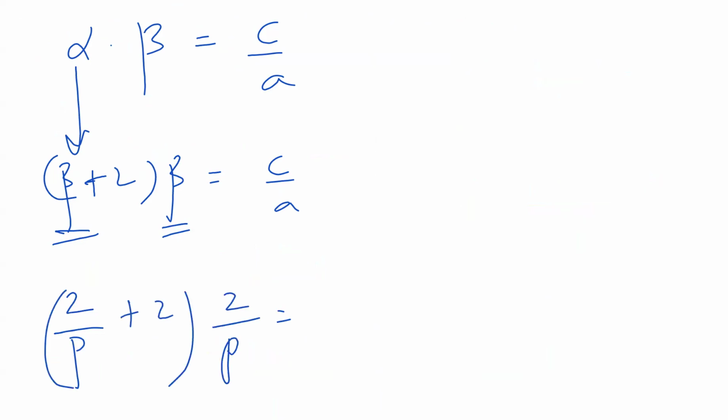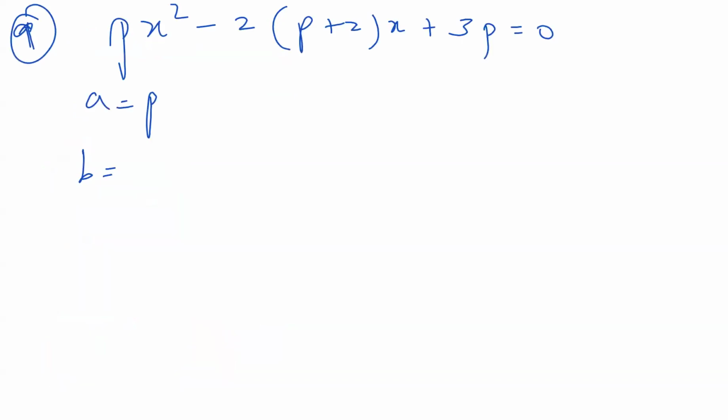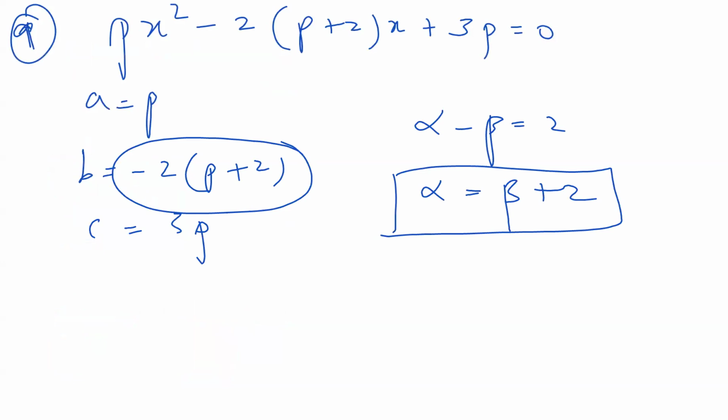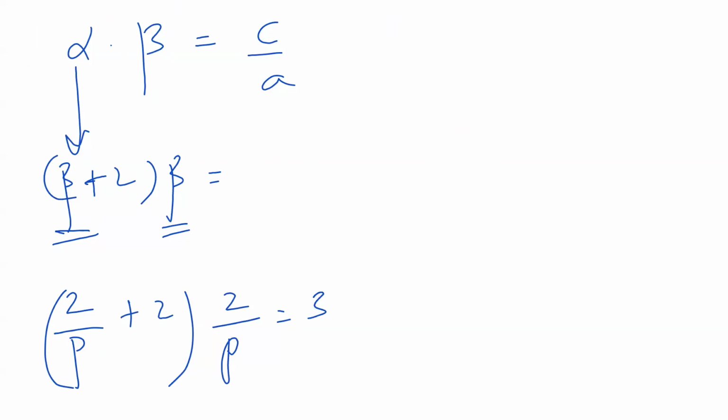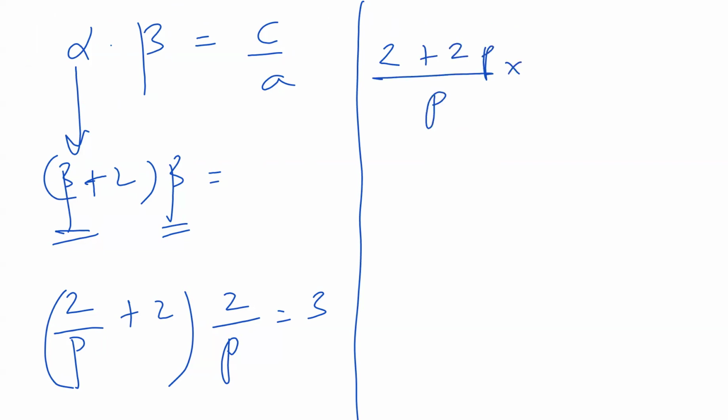C and a values we'll just put from the main question. C is 3p and a is p, so 3p upon p, which is 3. This is equivalent to 3. So 2 plus 2p upon p into 2p is equal to 3.